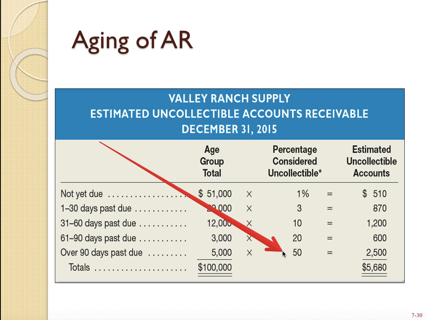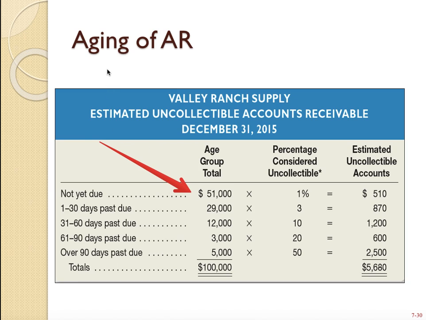If they haven't paid after 90 days, that means they're having a really tough time and they're probably not going to be able to pay you. So that's why we're going to apply a higher percentage to the older AR than we are to the newer AR. And that gives you actually a more accurate estimate than just applying 1% to all of them, because we know that, probably if it's not even due yet, we have a pretty good chance of collecting.